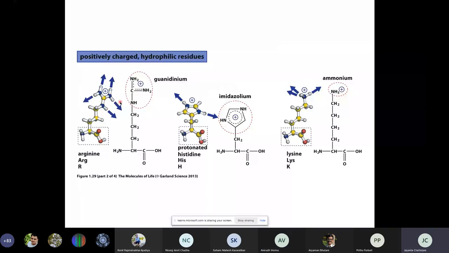Yeah. So now we are talking about groups whose side chains are positively charged at physiological pH. Arginine is a very fancy amino acid because in the side chain you have a group called the guanidinium group.